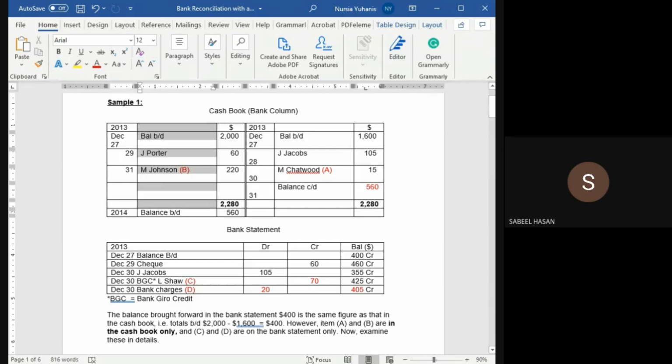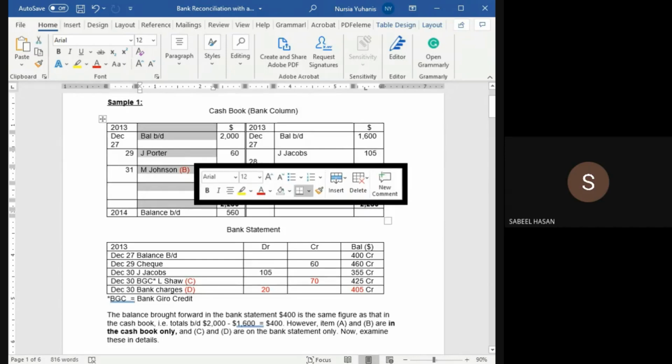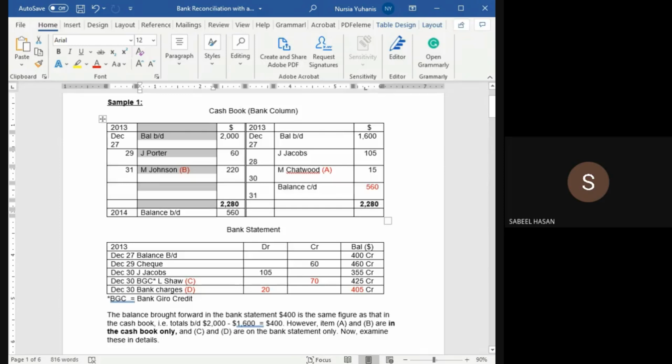You will compare it to the credit side of the bank statement. That is the rule. You compare the debit side of your cash book with the credit side of the bank statement.